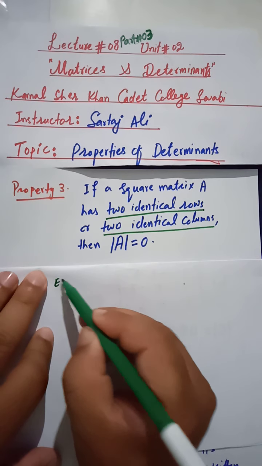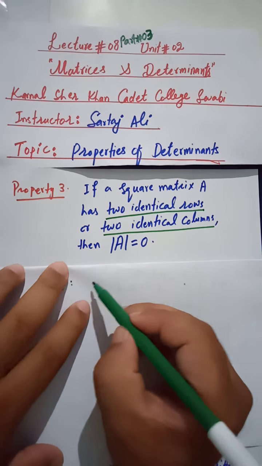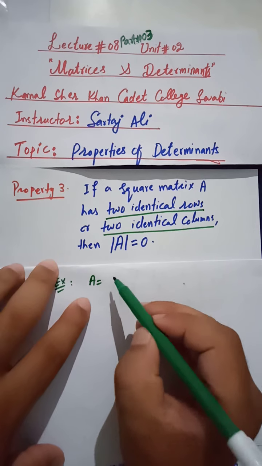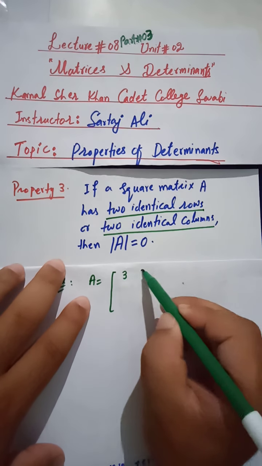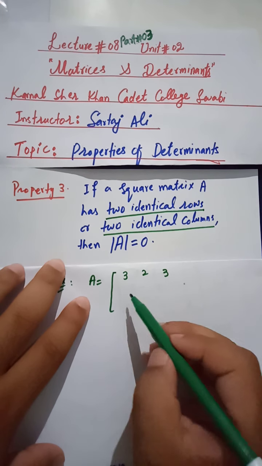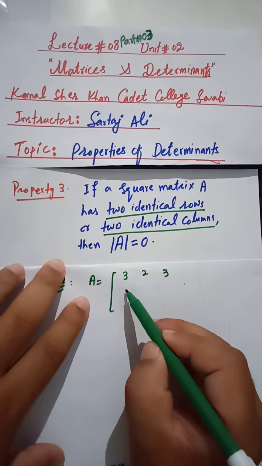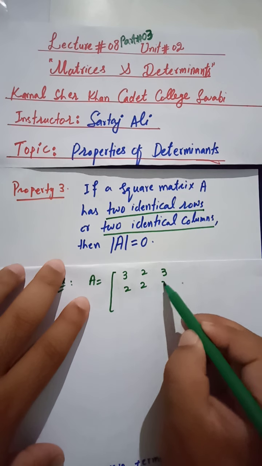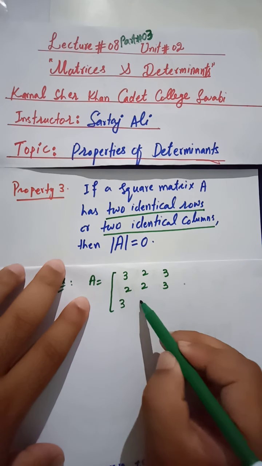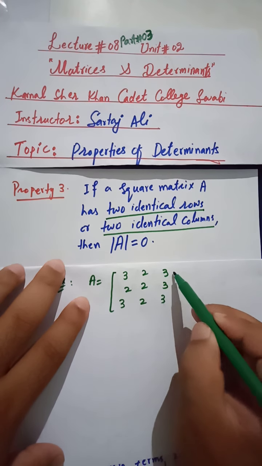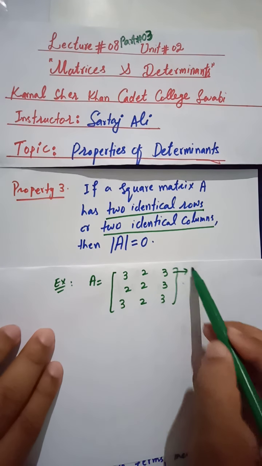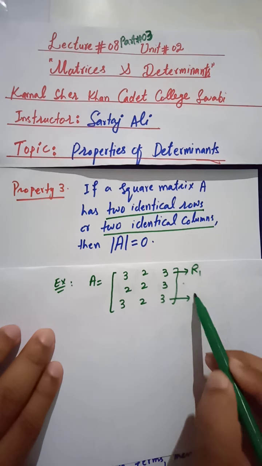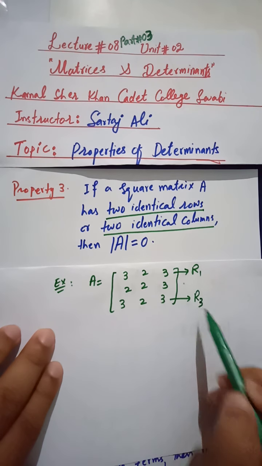For example, if I consider a matrix A of order 3 by 3, the elements in the first row are 3, 2, 3. In the second row, the elements are 2, 2, 3, and in the third row, the elements are 3, 2, 3. You see that the first row and the third row are identical.